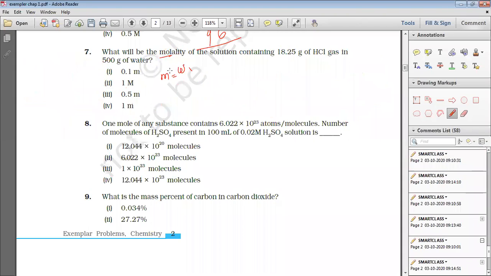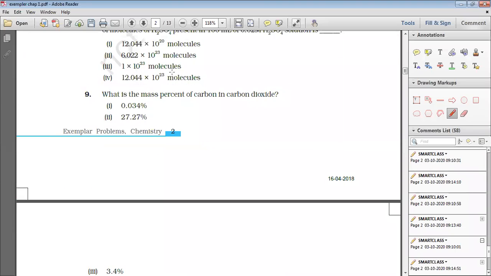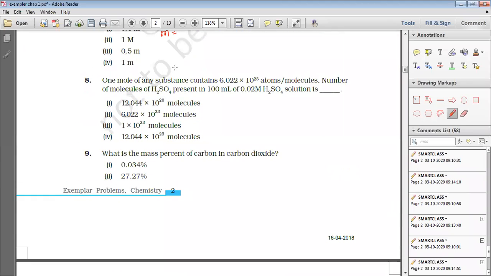1 mole of any substance contains this much, 6.022 into 10 to the power 23 atoms or molecules. Find the number of molecules of H2SO4 present in 100 ml of 0.02 molar H2SO4 solution. See here too, we just need to find out the number of moles present in it.